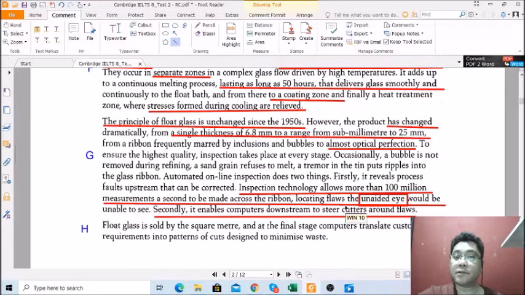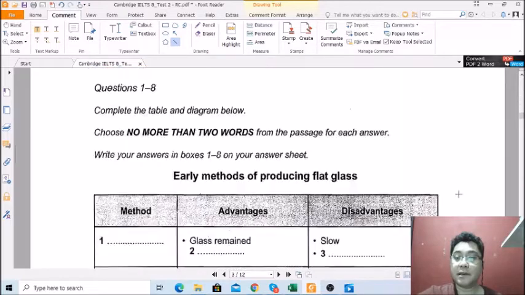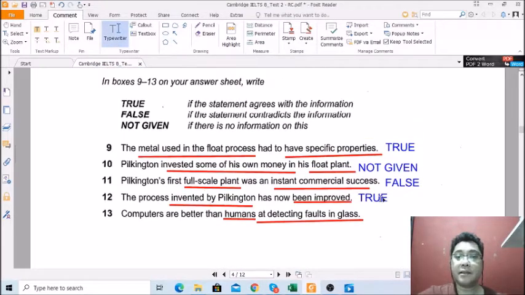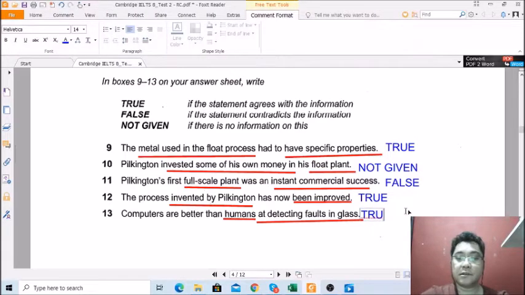So it is not a human eye, it is not a human being, it's a technology. Locating flaws, the unaided eye, which is actually the human eye, will be unable to see. So this is in line with the text, and therefore the answer is true.